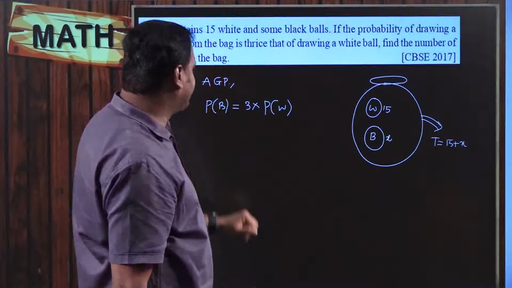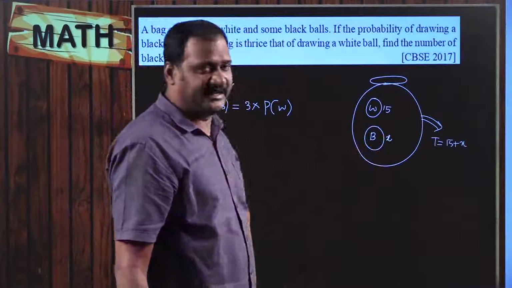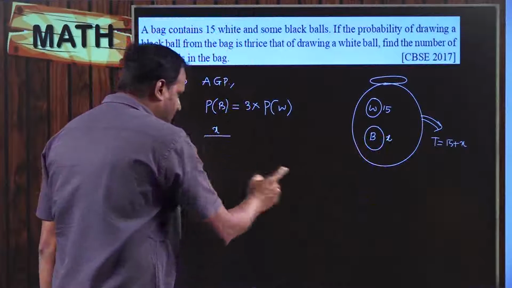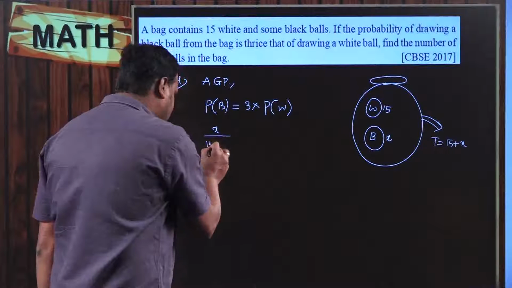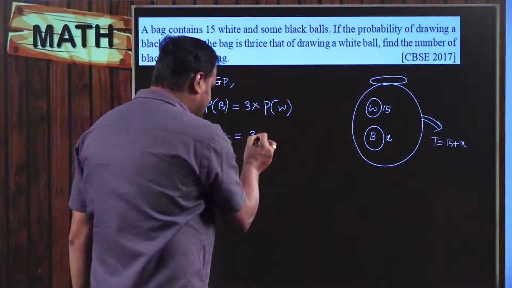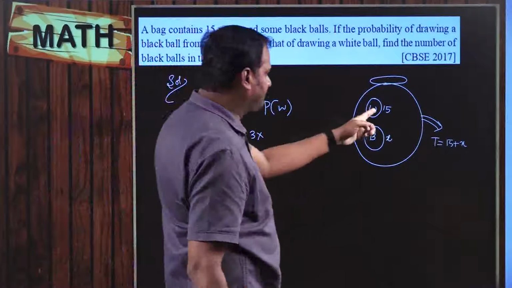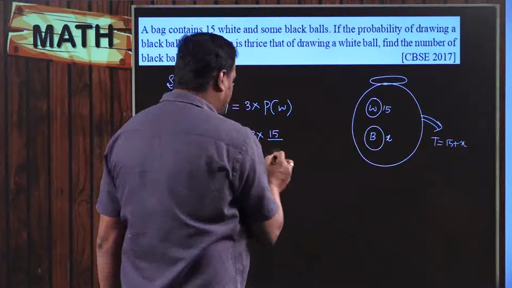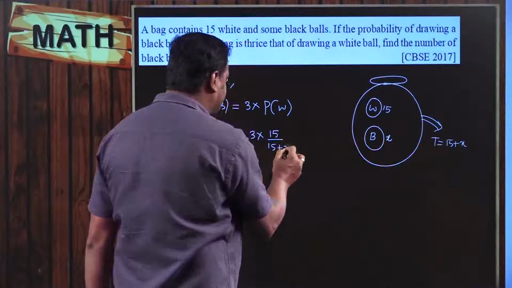What is the probability of getting a black ball? X black balls are there, so the probability is the number of black balls divided by the total number of balls, X over 15 plus X, equal to 3 times the probability of getting a white ball. The probability of getting a white ball is 15 divided by the total number of balls, 15 plus X.